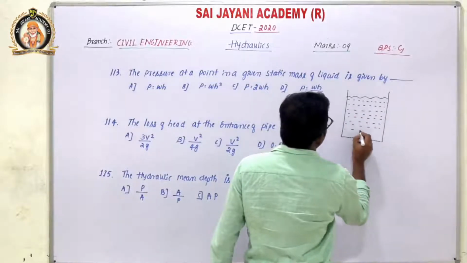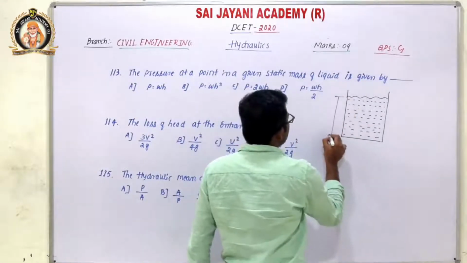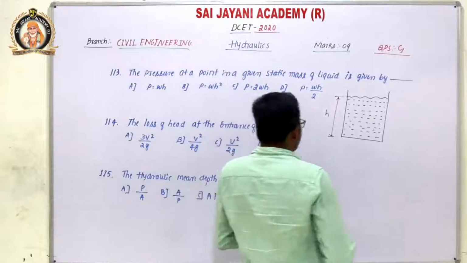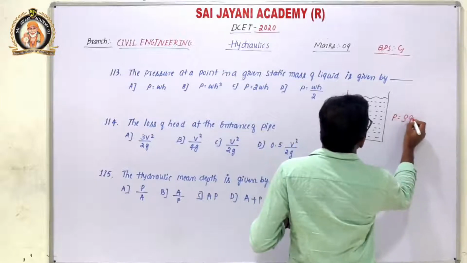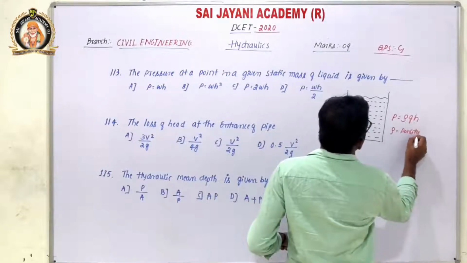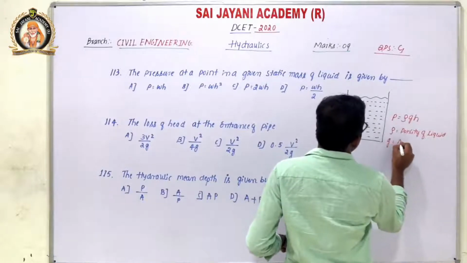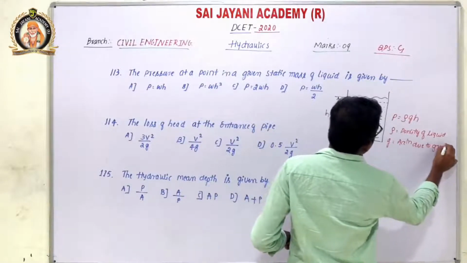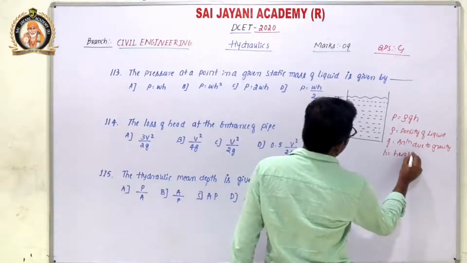So the pressure at any point is given by, from the hydrostatic law, if we know the height or head of the water, P is equal to rho into g into h, where rho is the density of liquid, g is the acceleration due to gravity, h is the height.